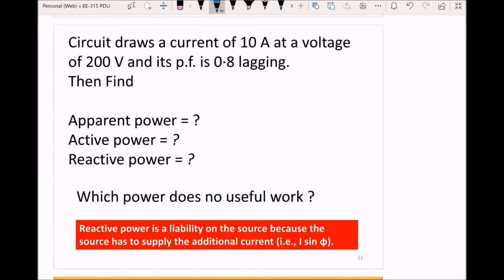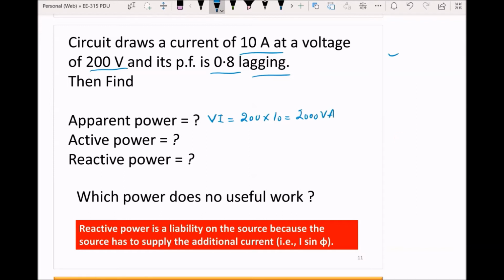In this slide, we will take an example of a circuit which draws 10 amperes at 200 volts with the power factor of 0.8 lagging, which means it is an inductive load. So in that case, if we calculate the apparent power, it is going to be equal to V times I, equals 200 times 10 equals 2000 volt ampere.